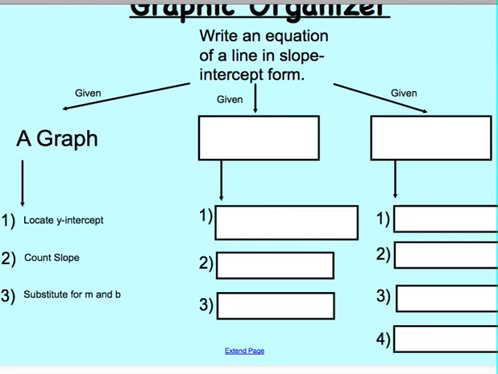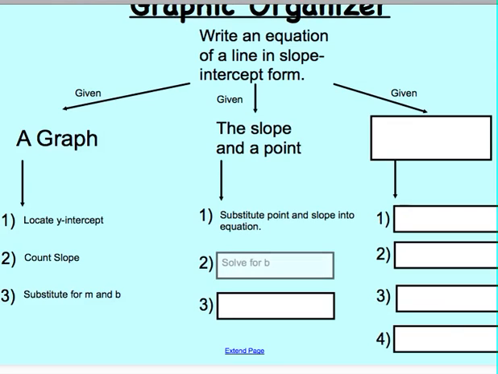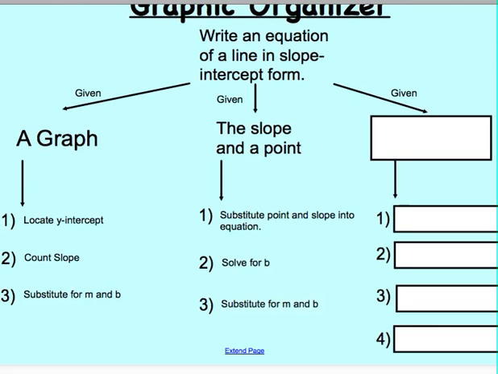If I'm moving too fast, just pause it and write these down. The next thing you could be given is the slope and a point. So in this case, what we did was we just substituted the point and slope into the equation. So the slope is given and the point is given. Then you're going to solve for b, and your final step, which was always the last thing to do, is you substitute for m and b.